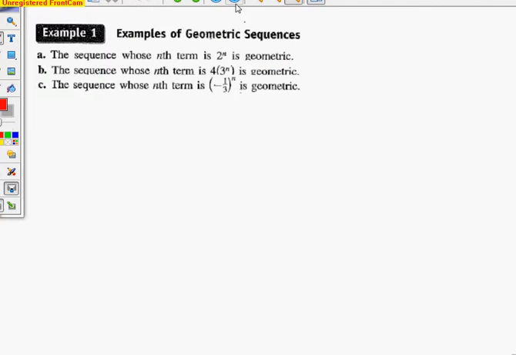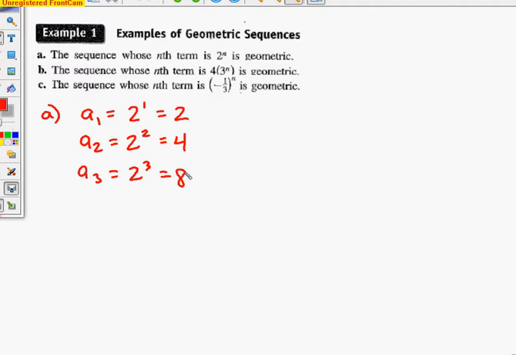So let's do a couple here. Let's take a look at the first one, a. So let's list out the first couple terms of this sequence, 2 to the n. So a sub 1 is 2 to the first, which is 2. A sub 2 is 2 to the second, which is 4. And a sub 3 is 2 to the third, which is 8. And now let's take a couple ratios.